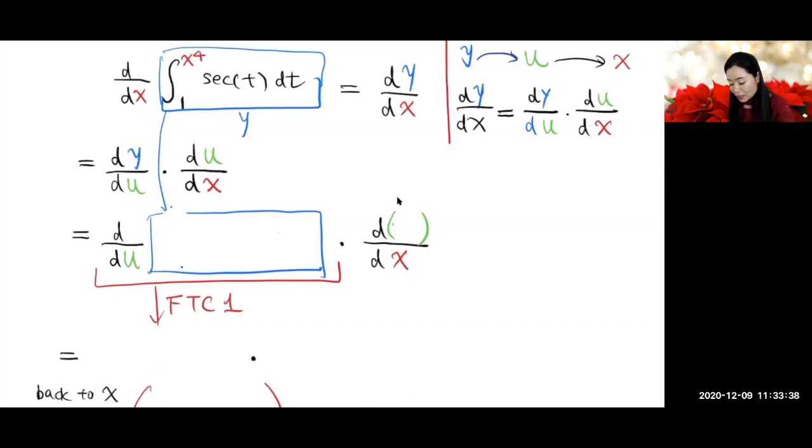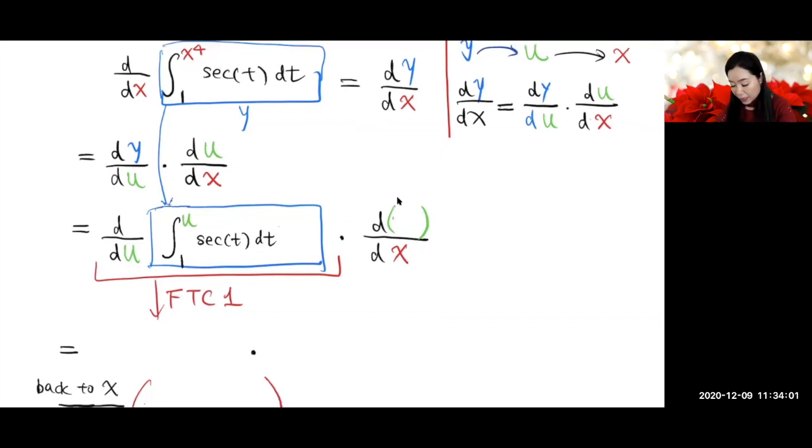So dy du: y is this whole integral over here, the integral of secant t dt from 1 to u. And u over here is x to the 4 power, so we put x to the 4 over here. The y is this integral, so I just copy that down.